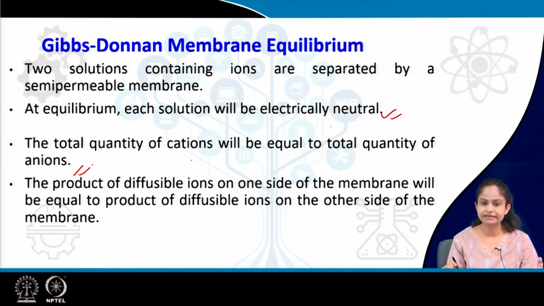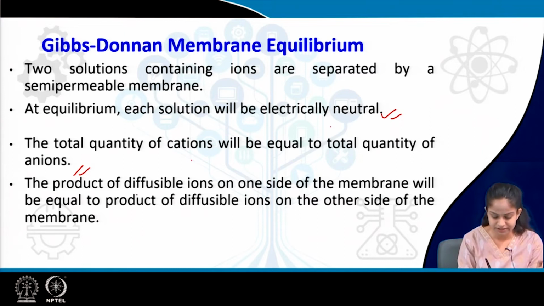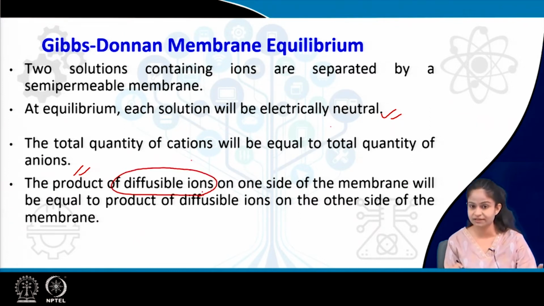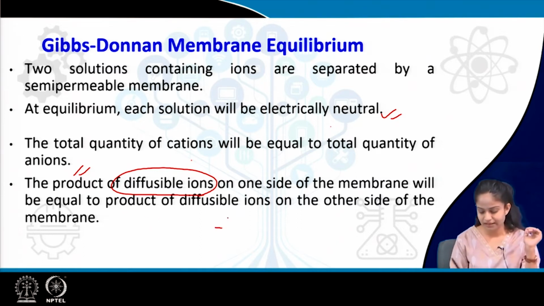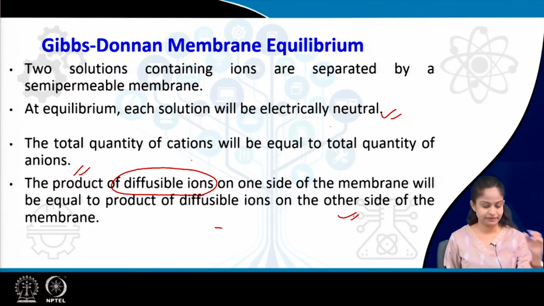Secondly, the product of the diffusible ions on one side of the membrane should be equal to the product of the diffusible ions on the other side. The term diffusible ions is very important; we are not considering the ions which are not diffusible.